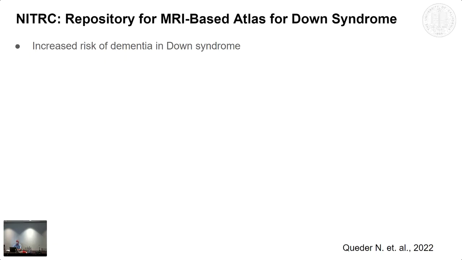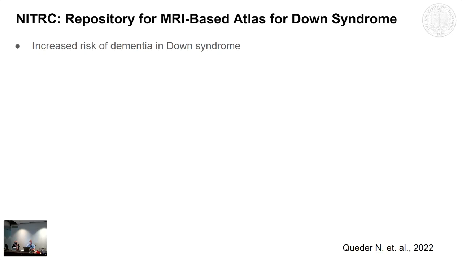And because of that, we use a lot of PET imaging to assess regional amyloid in their brain. And when you're working with PET imaging, you need a structural T1 scan to identify the regional boundaries of different regions of interest in the brain. And collecting MRI scans in individuals with Down syndrome is extremely hard due to motion artifacts.